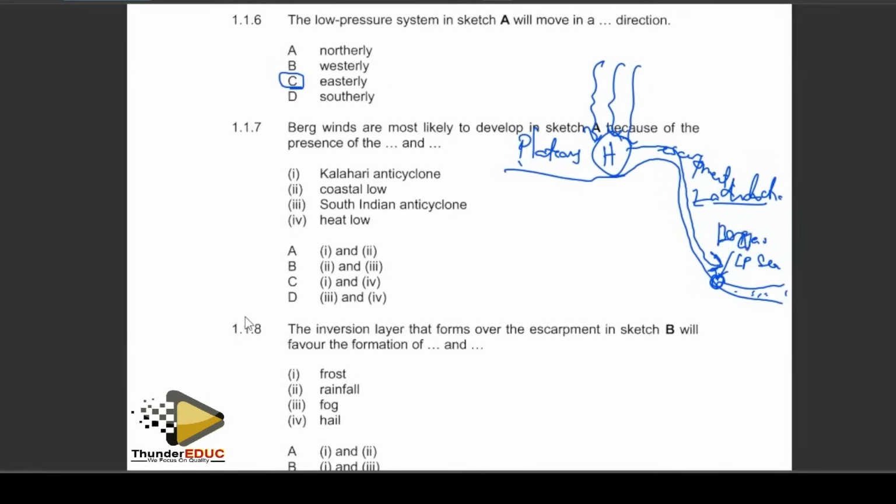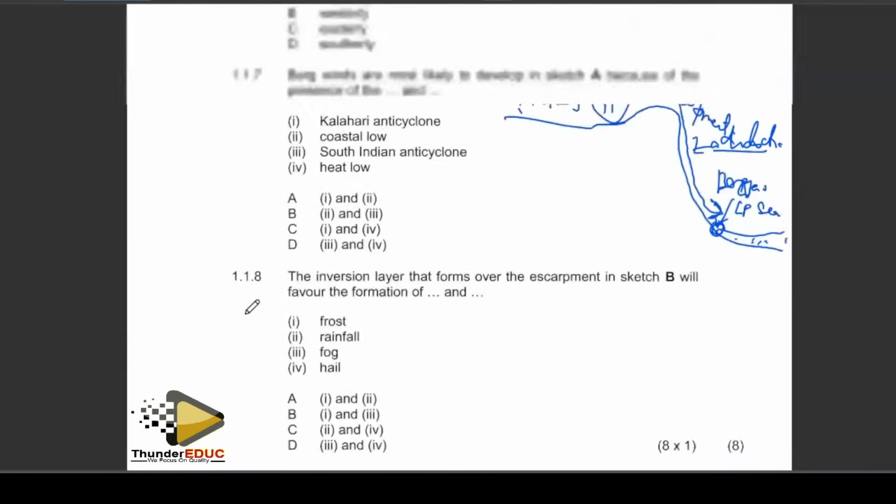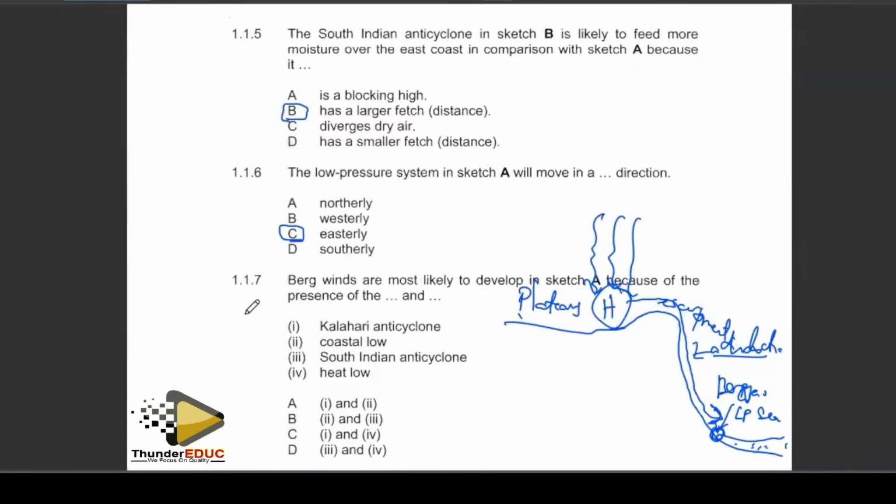It's just a short background so that you can understand how we are supporting a particular answer as to it being the correct response. So the berg winds are most likely to develop in sketch A because of the presence of the dash and the dash. Which two conditions there? We have talked of the Kalahari anticyclone.